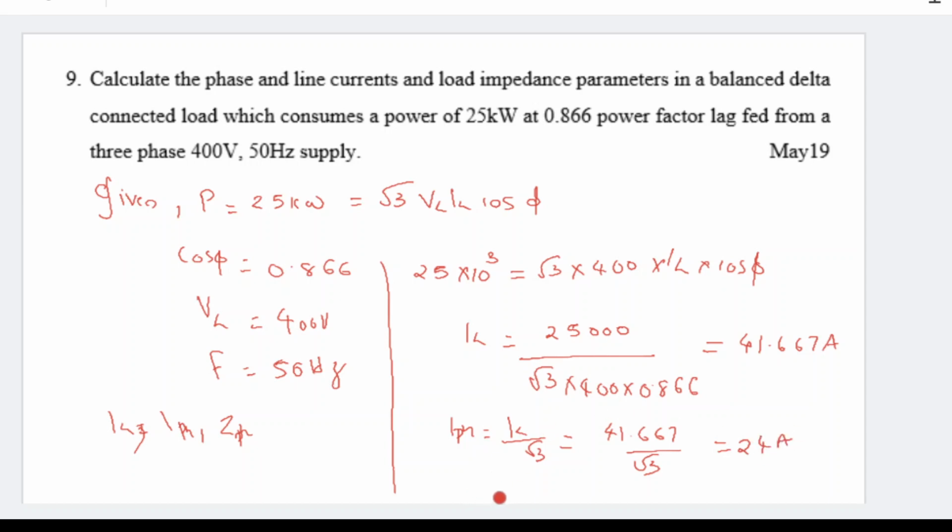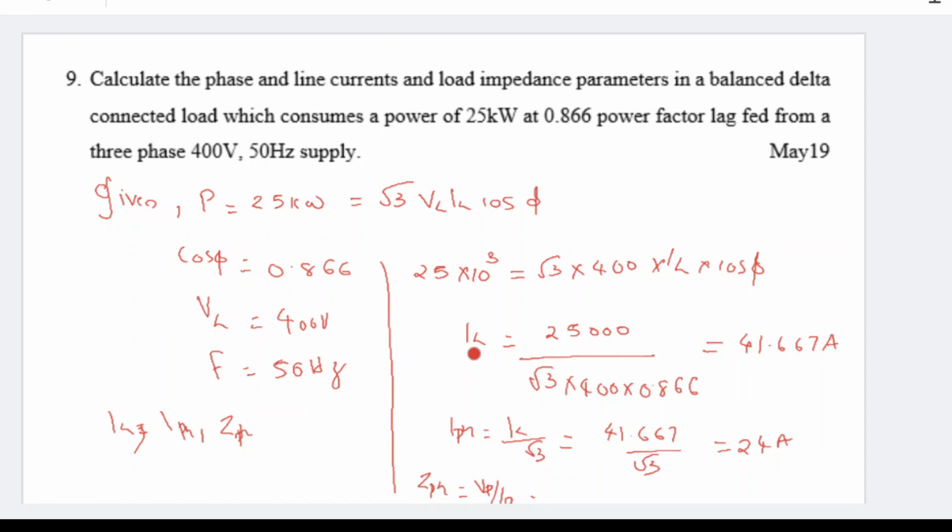Now if you want to find out the load impedance parameters, that is Z phase, they are saying it is a balanced delta load. So each phase will be having the same load. So Z phase will be equal to V phase by I phase. So what is V phase? For a delta connection, line value and phase value are equal.